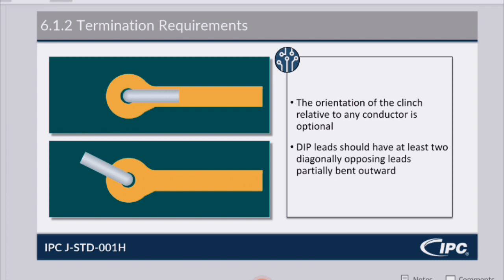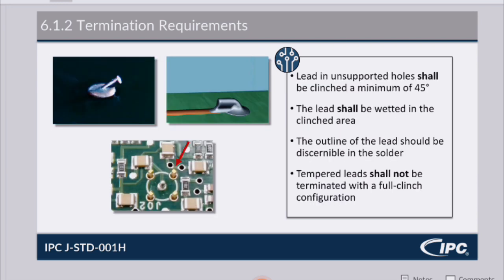If you are going to be clinching your dual inline package leads, you should have at least 2 diagonally opposing leads partially bent outward. Now that is a should. So when we are soldering our dips, if you don't have those bent, that's totally fine, because they're kind of small and it's kind of hard to bend them sometimes. You don't need to, because that is a should, not a shall. It's not a requirement.